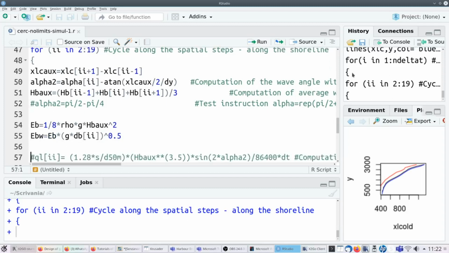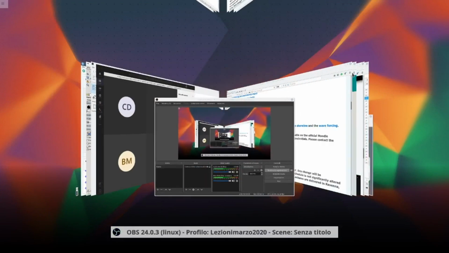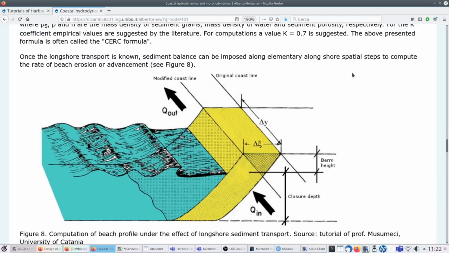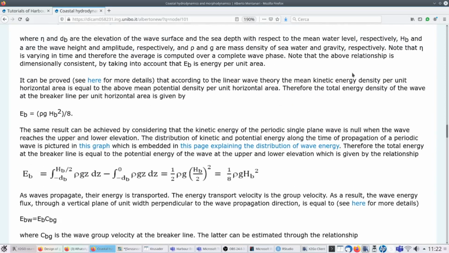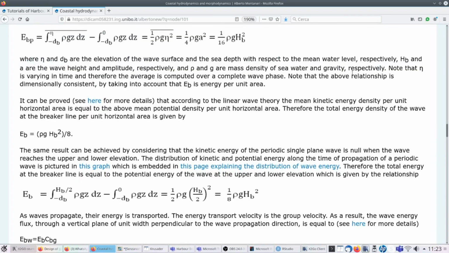Okay, now I am computing the energy of the wave, and let me go to the web page where the theory is presented. The theory is presented here. Let me go up and let's look at the wave energy. So wave energy, it's this one.